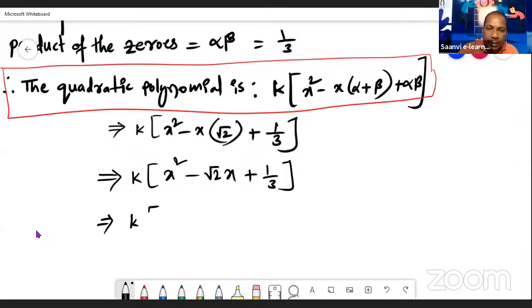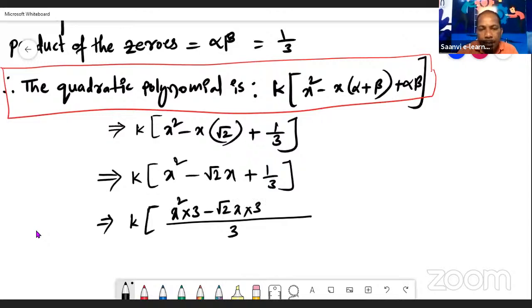So when we multiply every term by the LCM, we get x square into 3 minus root 2x into 3 plus 1 by 3 into 3. Okay. Every term we multiplied by 3. Why? Because the LCM is 3.